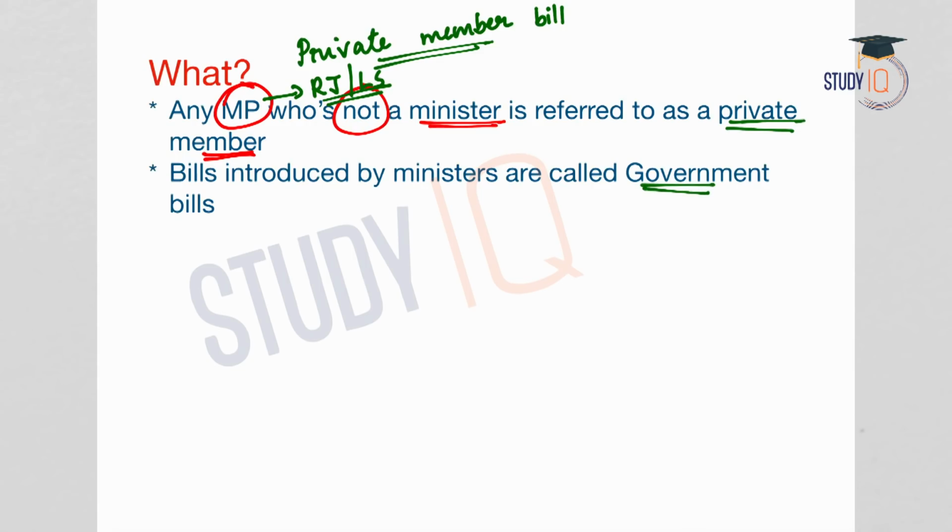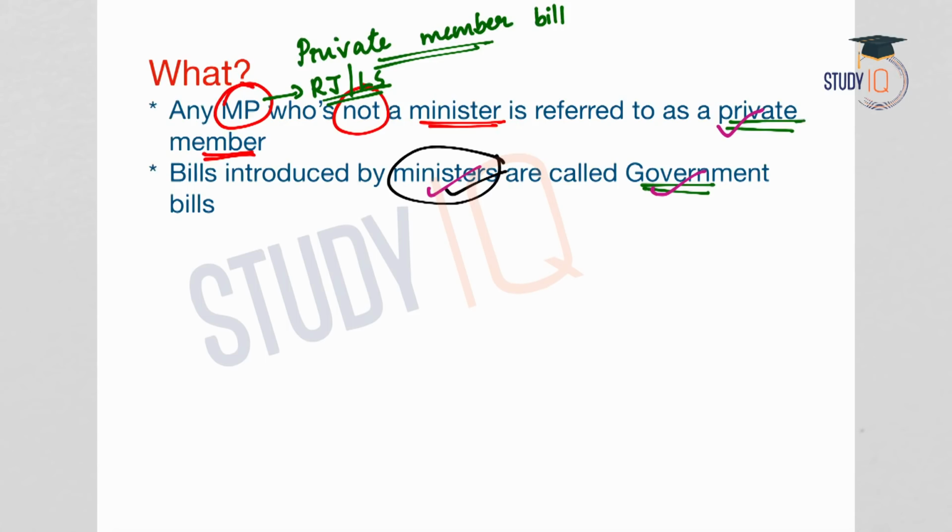The bills that are introduced in the parliament by ministers are referred to as government bills. So if a bill is introduced by a minister, it is a government bill, and if it is introduced by a member of parliament who is not a minister, it is called a private member bill. Hope you have a clear understanding of the difference between a private member bill and a government bill.